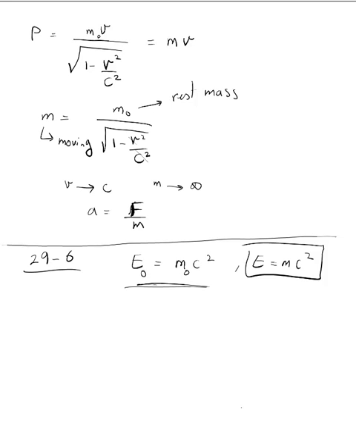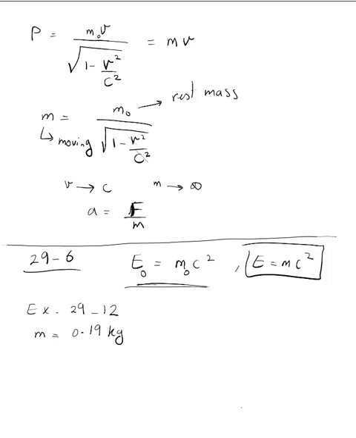For example, exercise 29.12 tells us to find the rest energy of a 0.19 kilogram apple. So the mass is 0.19 kilograms. We didn't know that the apple has a rest mass, but of course it has. Everything except photons has rest mass.